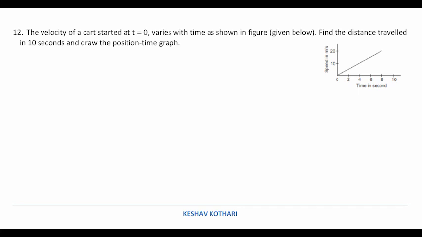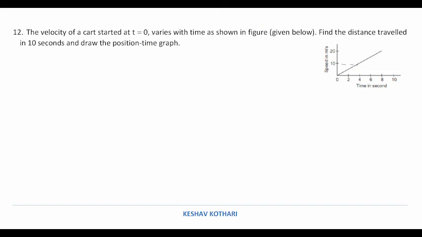The velocity of a cart, which starts at t equals 0, varies with time as shown in the figure. Find the distance traveled in 10 seconds and draw the position time graph. The speed is constantly rising in 10 seconds, so it is an example of accelerated motion, and the acceleration can be calculated by finding the slope of the graph.